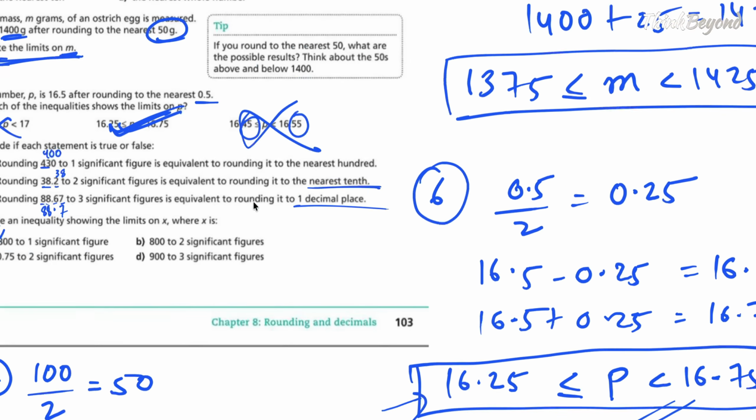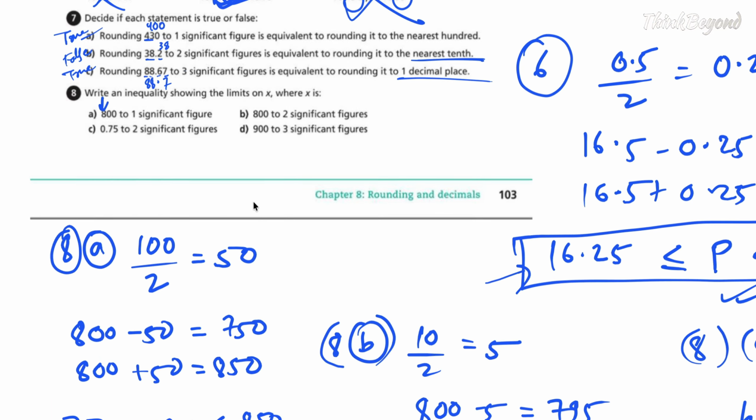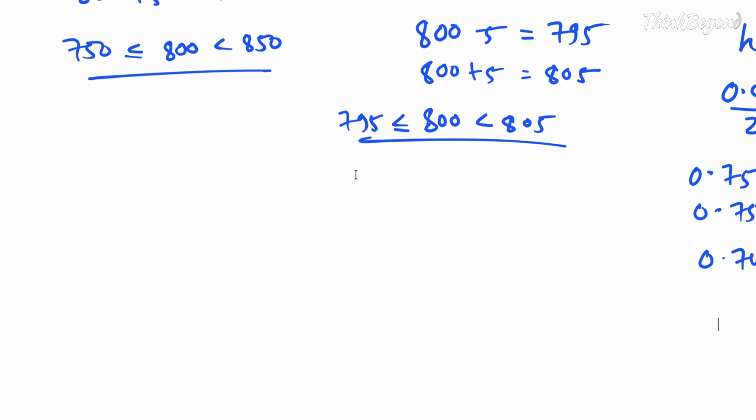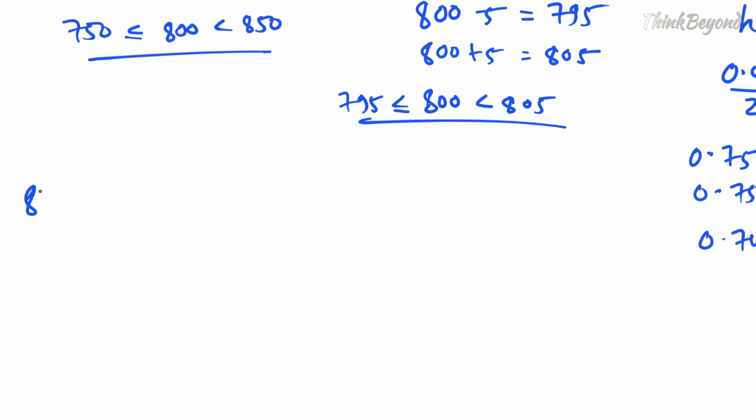Okay. Now question number 8D, 900 to three significant figures. The first three significant figures are 9, 0, and 0. The last significant figure is in the ones place.